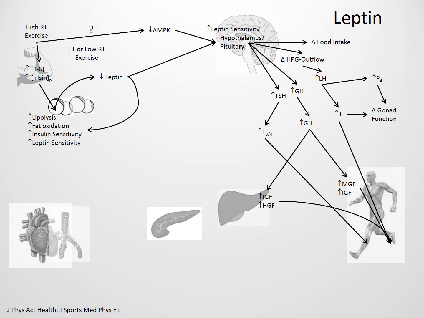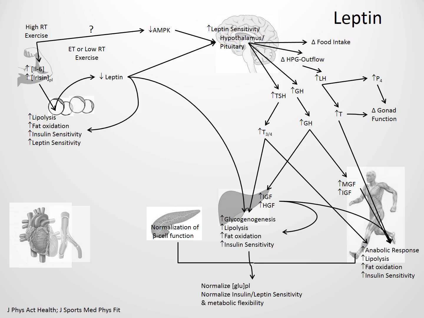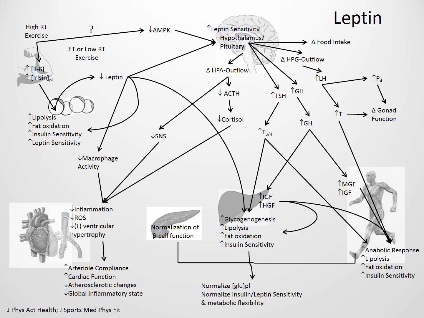Leptin will also go directly to the pancreas as well as directly to the liver, causing a normalization of glucose metabolism and insulin functioning. It's going to have a normalization of anabolic responses at the tissues and an increase of lipolysis within fat droplets within those tissues, leading to, once again, that normalization of metabolic flexibility.